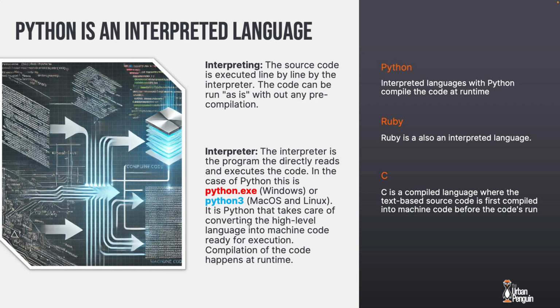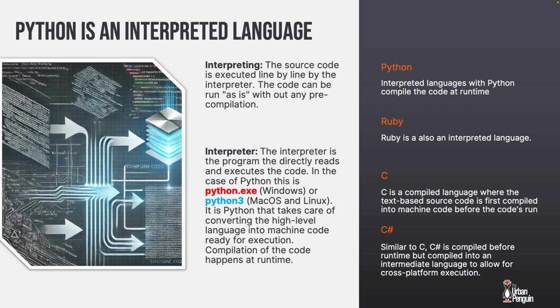When we talk about compiled languages, this could be a language like C. Many programs in Linux are written in C, where we first create our text-based source code, and then we use the C compiler to compile the code into machine code ready for execution. Similar to C, C# is compiled before runtime, but there's a little twist here.